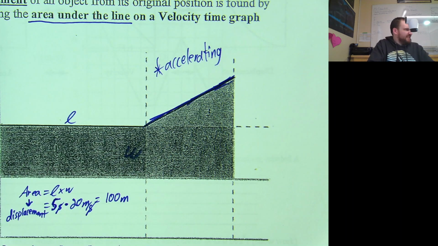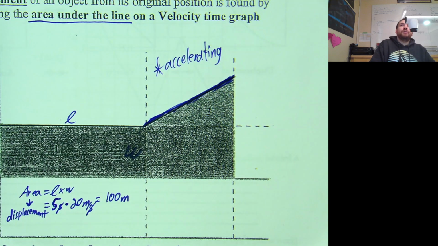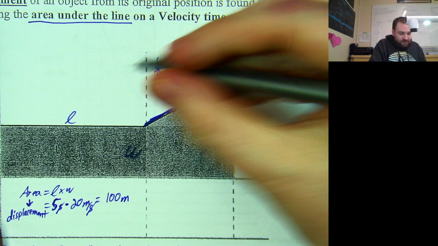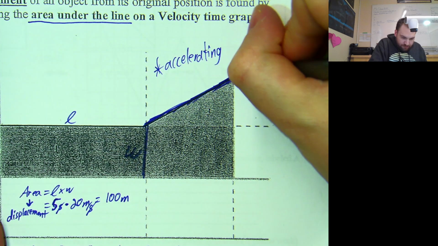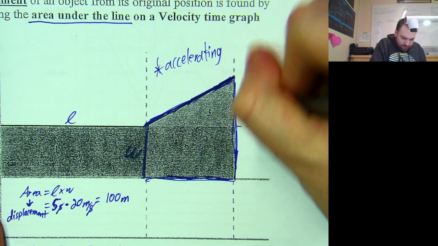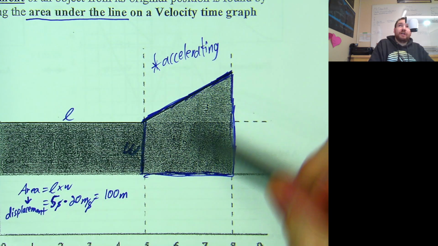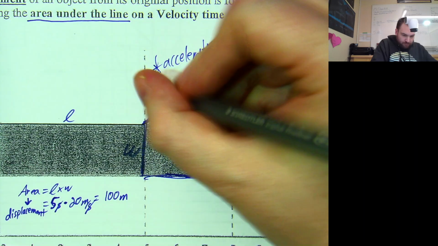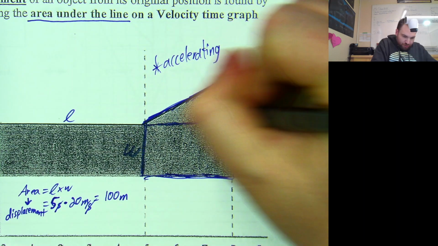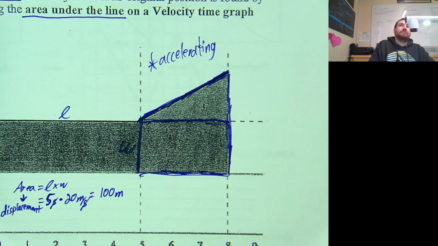So it's displacing. So when we've got this shape here, you want to recognize that this whole area is the one that we want to find. And the way to do that is by breaking this weird looking shape up into 2 shapes. The triangle up top and the rectangle down below.